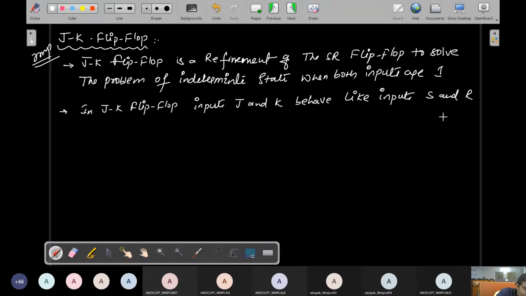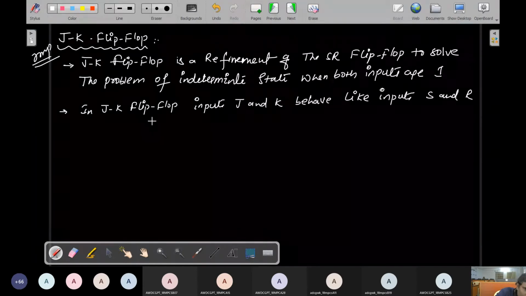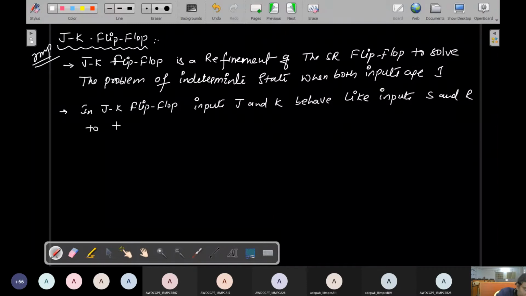J is equivalent to the set pin and K is equivalent to the reset pin, to set and reset the flip flop. So this is about the JK flip flop key points.